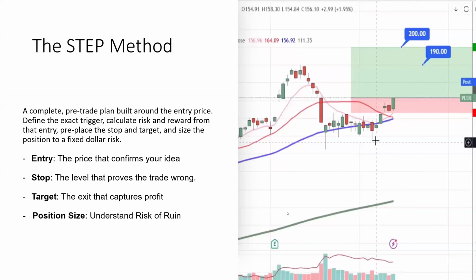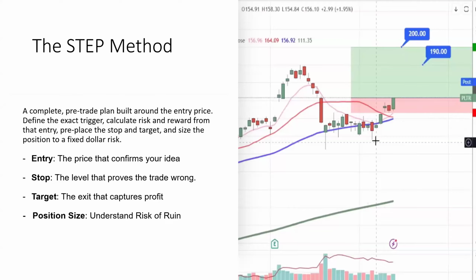When we were talking about entry last week, we talked about specific rules you could apply, using the ATR as a gauge to put your order in above the level you're looking to get into, above the high of the candle you're looking to get into, using the ATR to customize that rule.